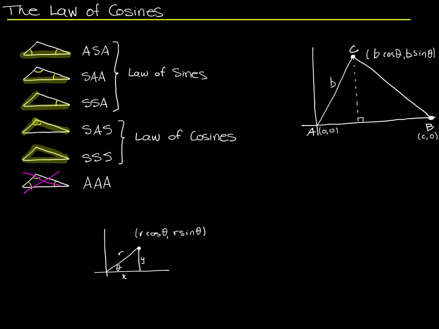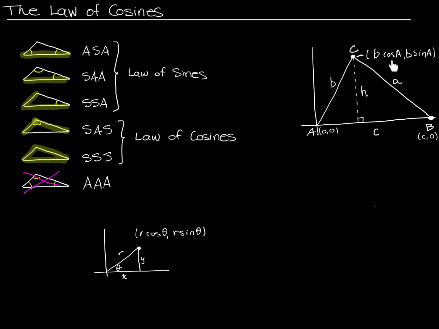The angle that we're looking at here is angle A, so we'll just rename our angles while we're at it. Cosine theta becomes cosine A, sine theta becomes sine A. So now we have the coordinates of this point right here. I'll also label this side little a and this side down here little c. And while I'm at it, I'll label the height of the triangle h.